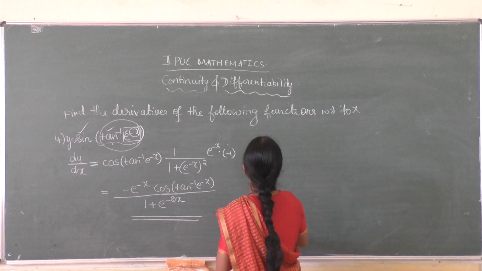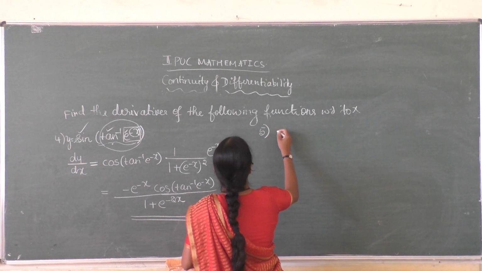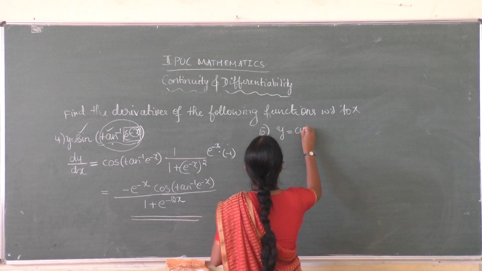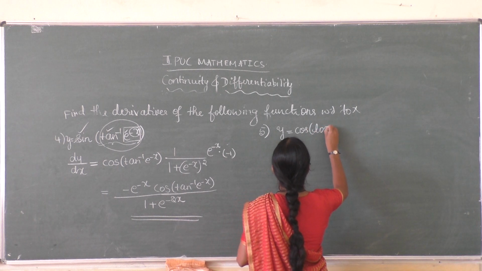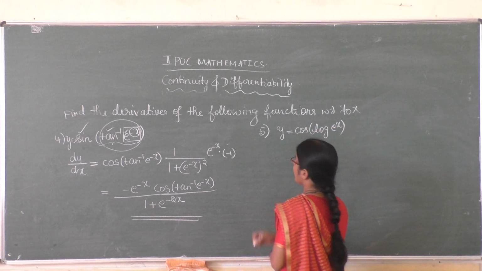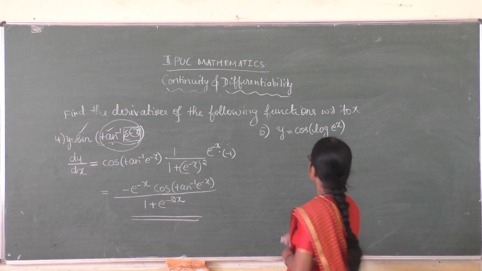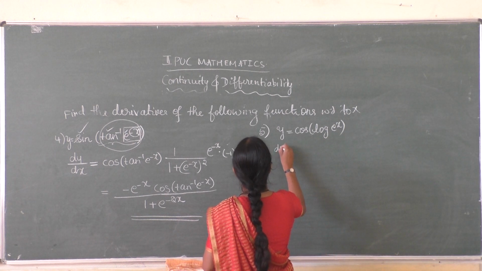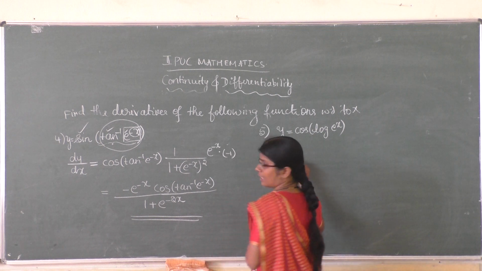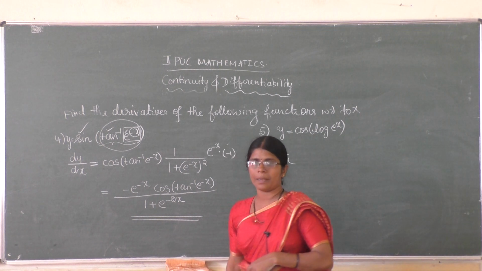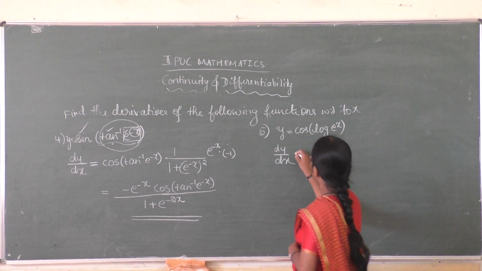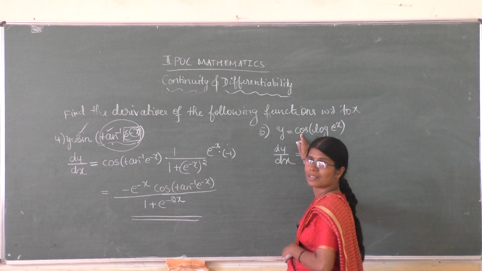Then you have cos of log e to the power x, cos log e to the power x. So dy by dx is equal to derivative of cos.